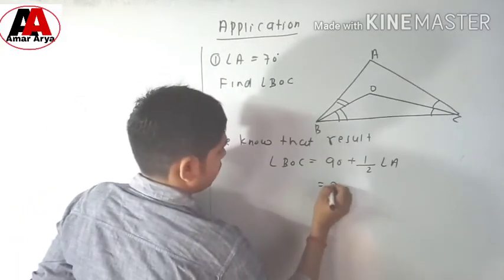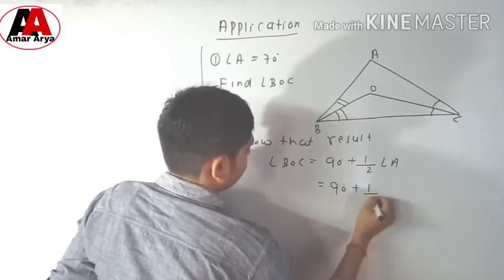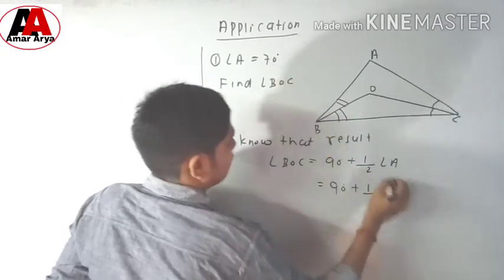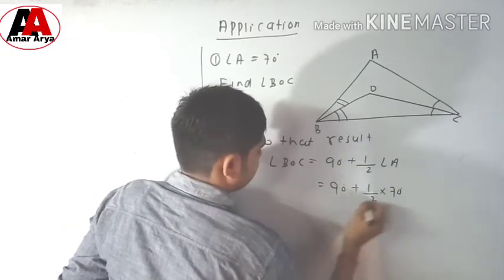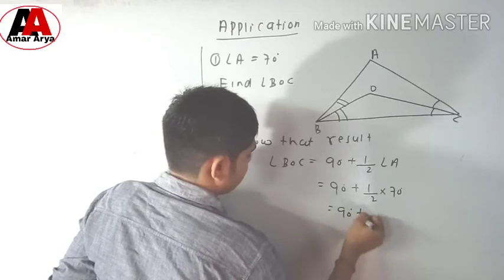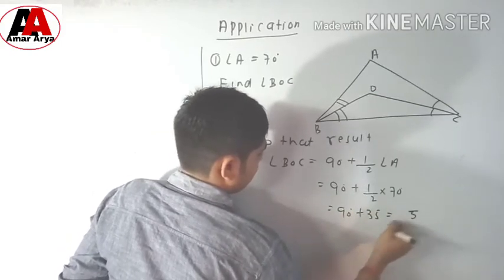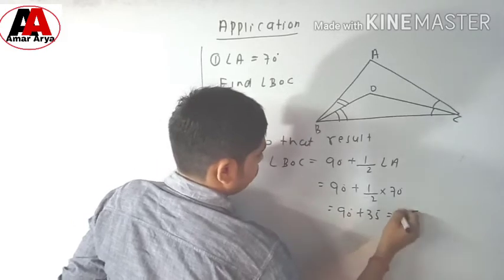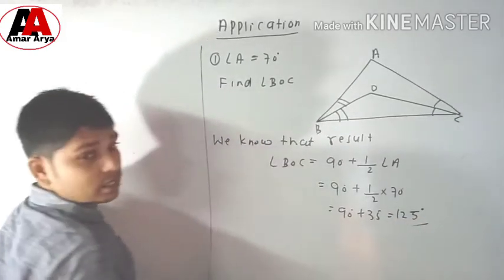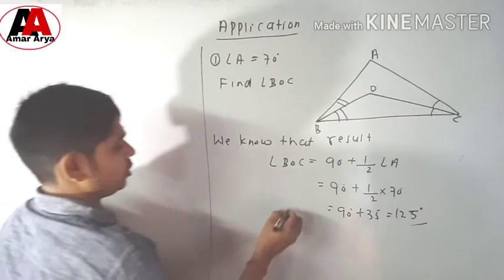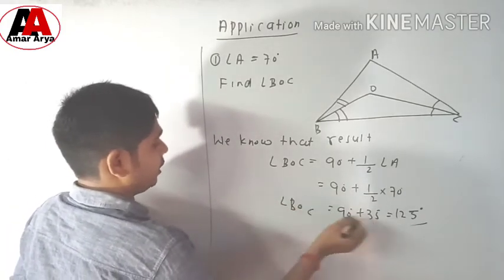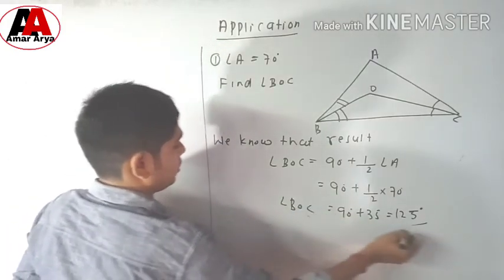So 90 plus 1 by 2 into 70, that is 35. So 90 plus 35 is 125. This is the value of angle BOC.